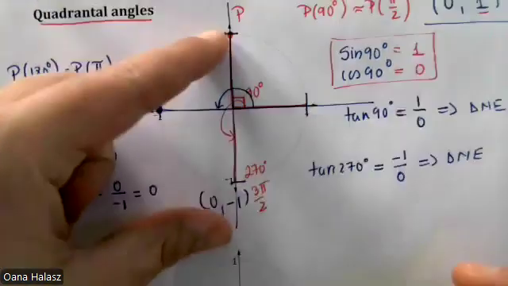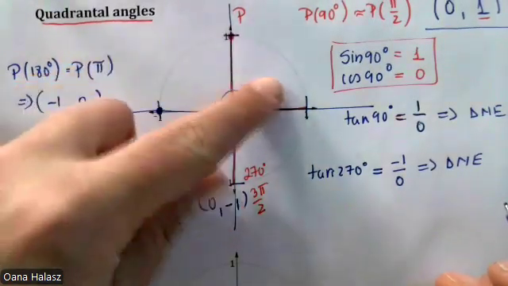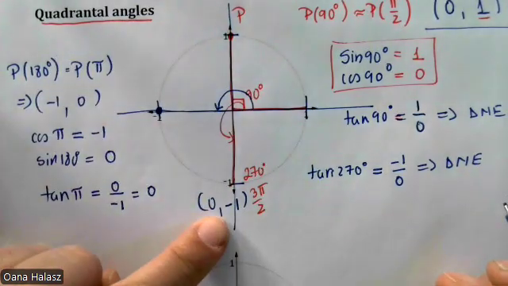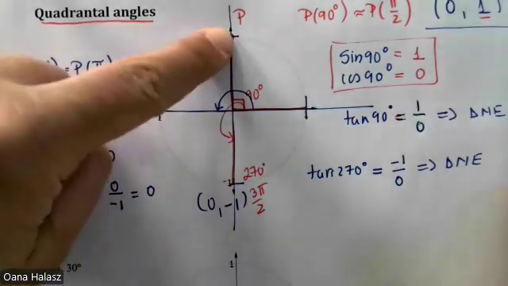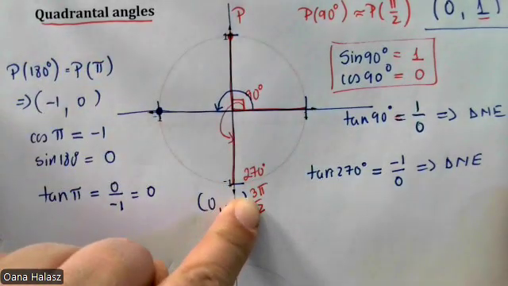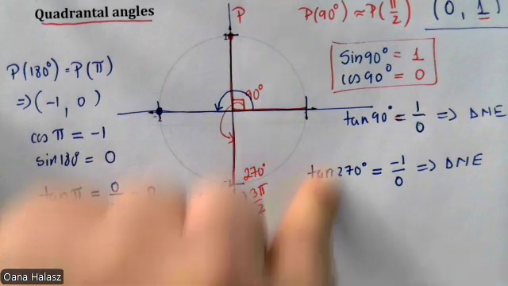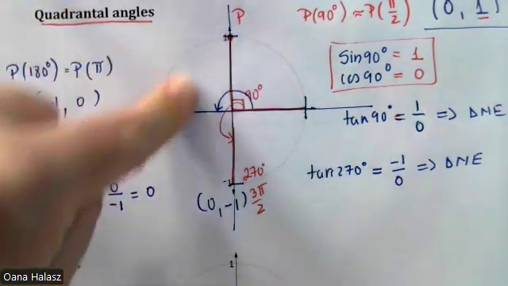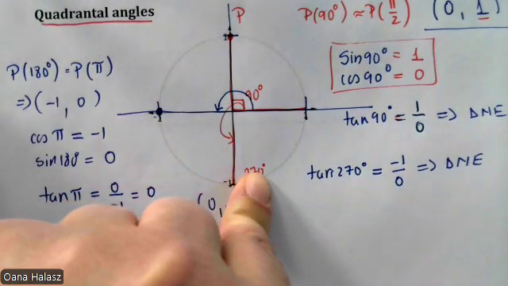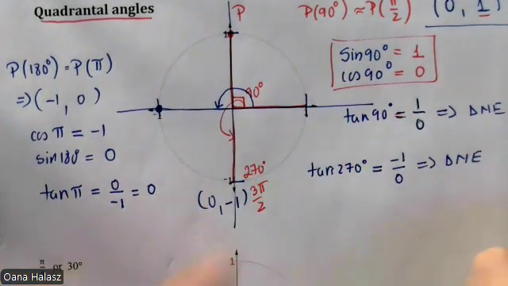Now we can put these together and say that at all of the odd counts of pi over 2, you won't have any values for tangent, because here's pi over 2, here's 3 pi over 2. So it's 1 pi over 2, skip 3 pi over 2, then skip again to 5 pi over 2, and skip again to 7 pi over 2. So how do I say odd counts?